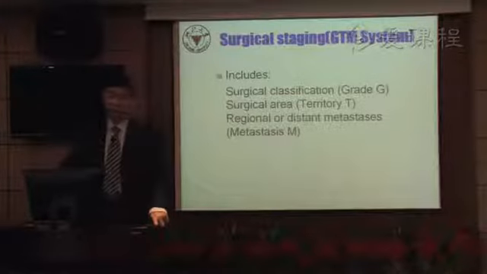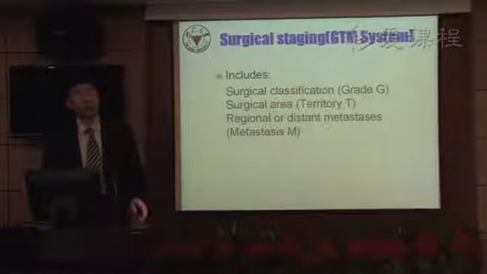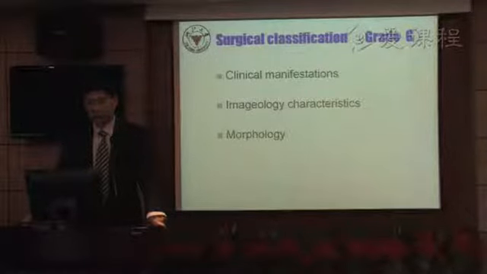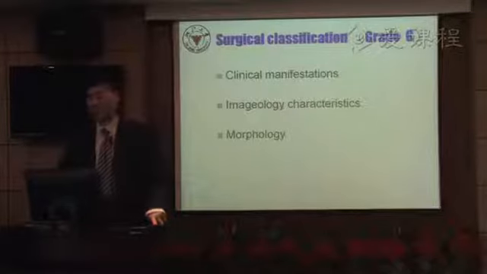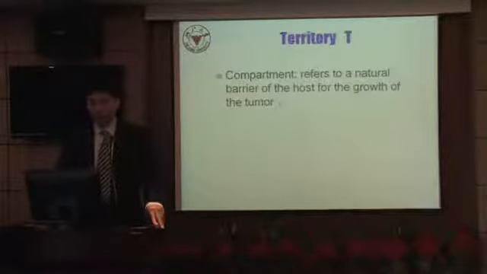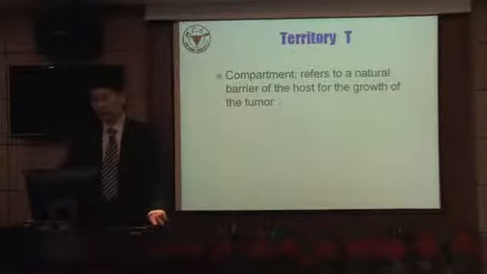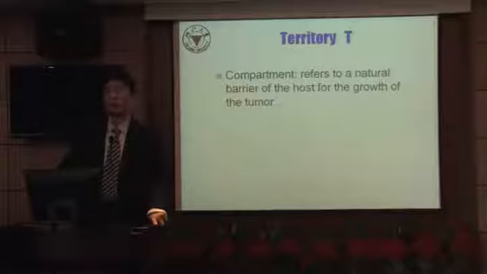We have the surgical grade, G, the surgical territory, T, and the regional or distant metastasis, M. For the surgical grade G, we consider the clinical manifestations, the immunological characteristics, and the morphologies. The territory refers to the natural barrier of the host against the growth of the tumor.